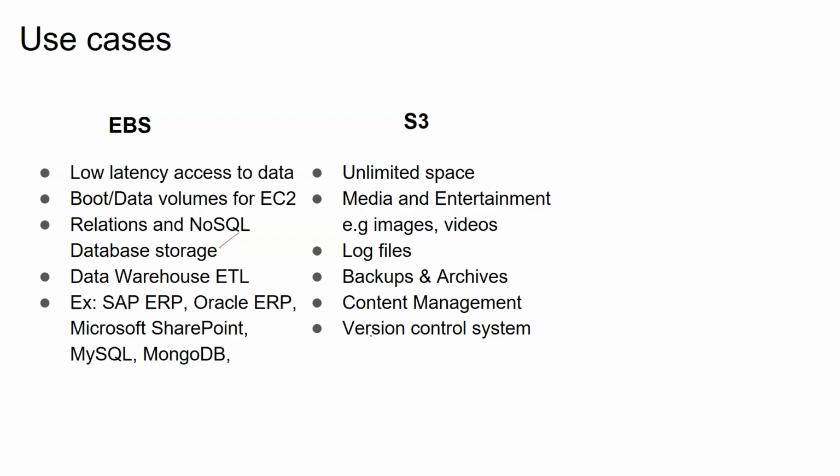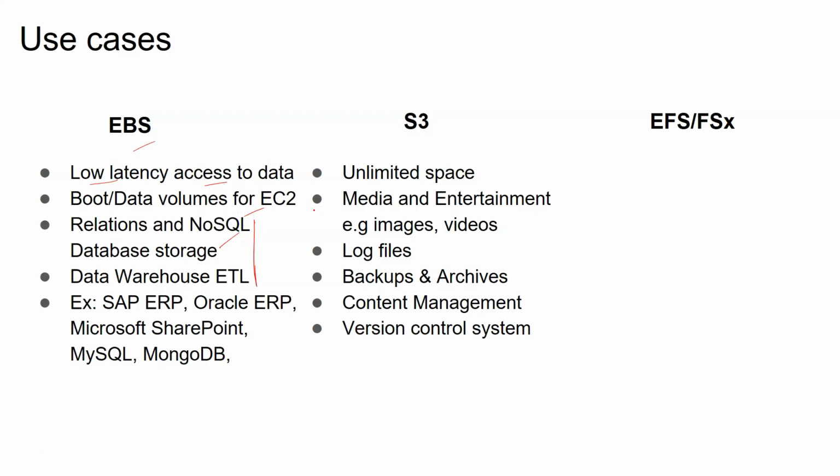You can have multiple versions of the same files. So S3 can be used for that as well. So you can think of a durable, reliable storage, which is external, which can be accessed over HTTP and API calls. Think about S3 in that case. But the downside, the anti-pattern, is you can't have low latency access to the data like a block storage like EBS. So you can't host databases or an operating system on S3.